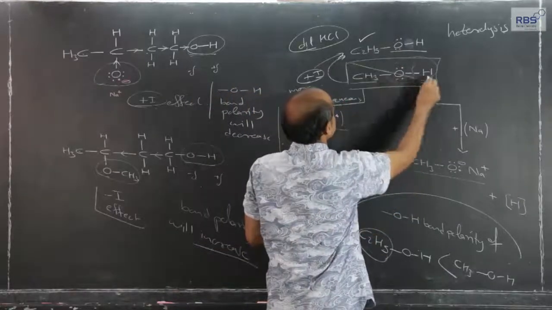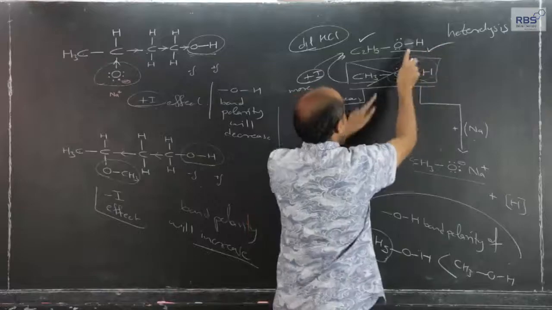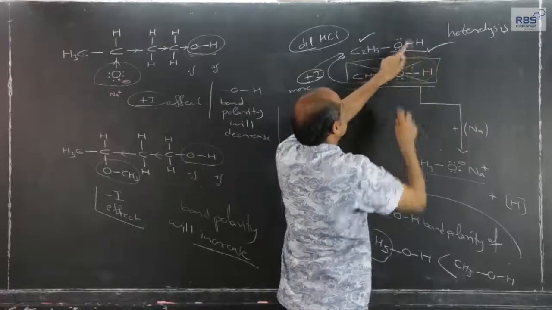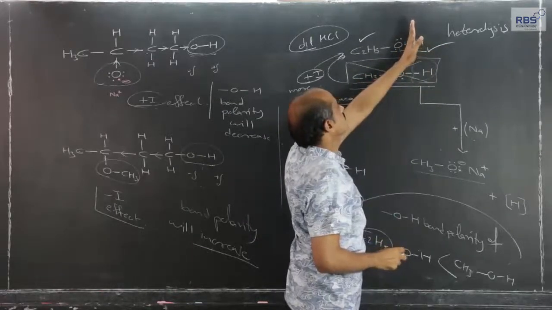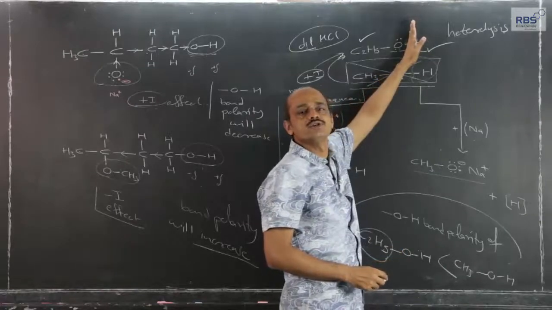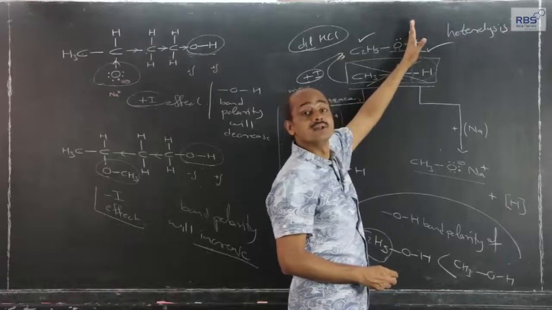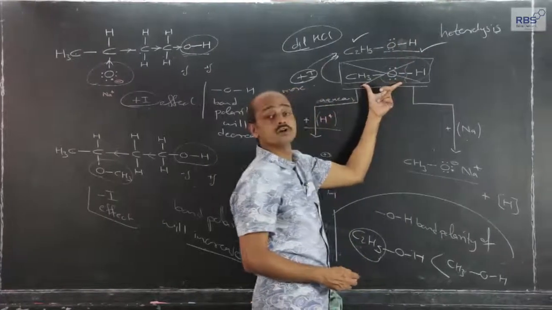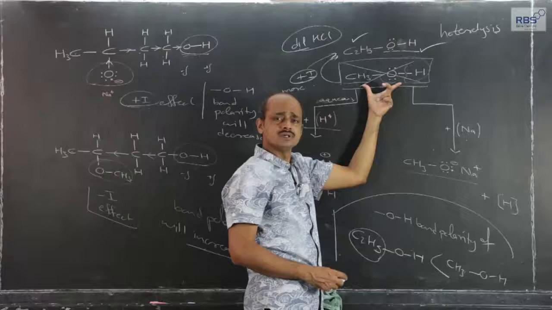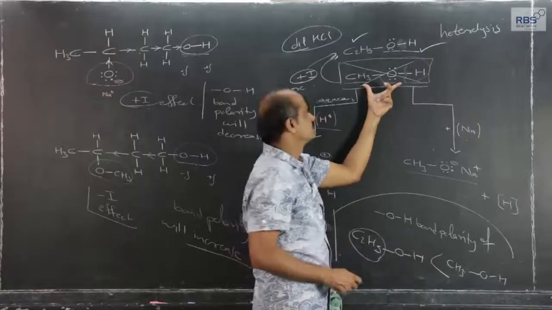So, now we are considering that this OH bond polarity is less, meaning the heterolytic breaking of the OH group in ethyl alcohol, the tendency will be less than what it was in methyl alcohol, a relative, comparative study.